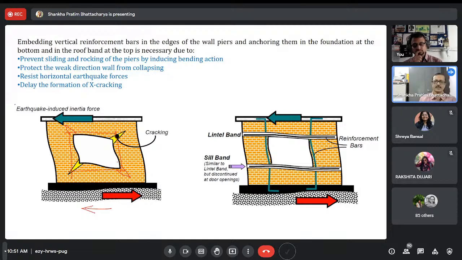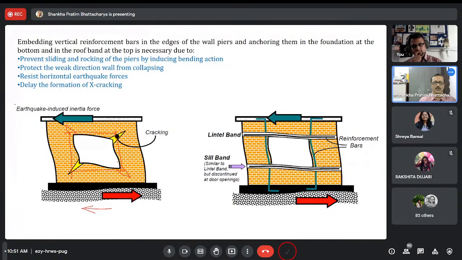So if stress and strain are developed by virtue of some action, and overall the system is under equilibrium condition, there must be compressive strain and tensile strain, so there must be compressive stress and tensile stress.